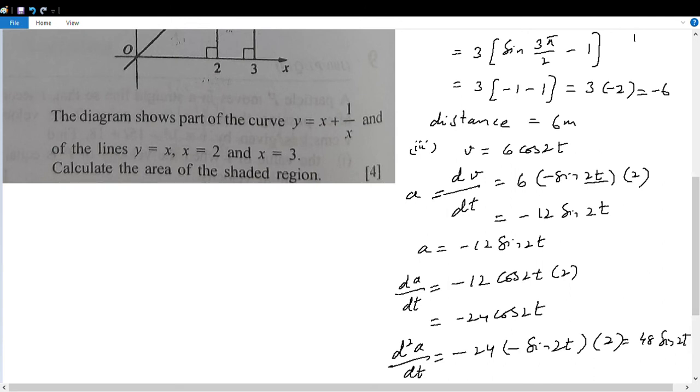But now we have to find the value of t at which this is greater than or less than 0.